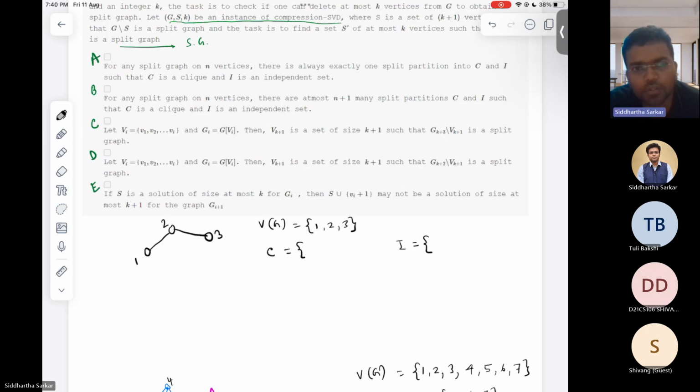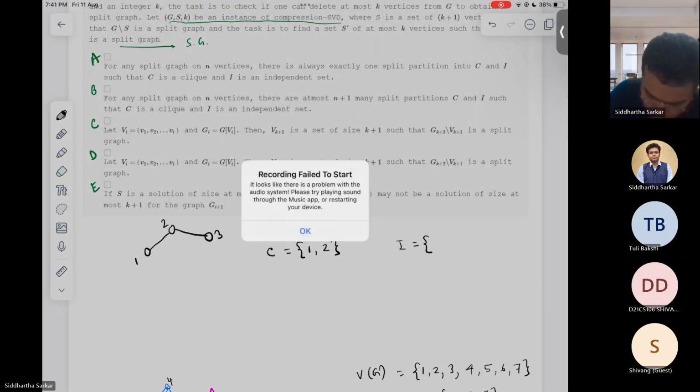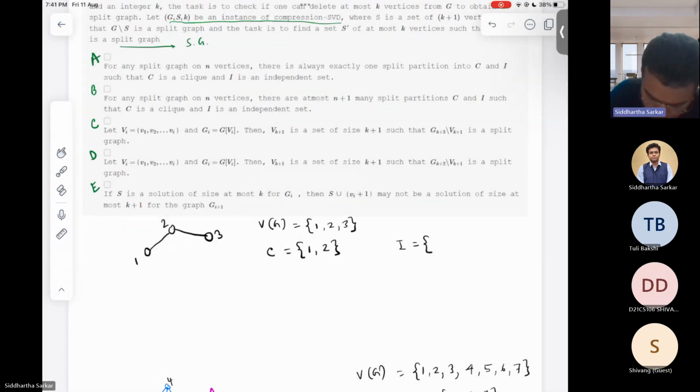Two ways are possible. That is true. So one way is you have 1, 2 as a clique of size 2, and you have this independent set. That is one way to partition.